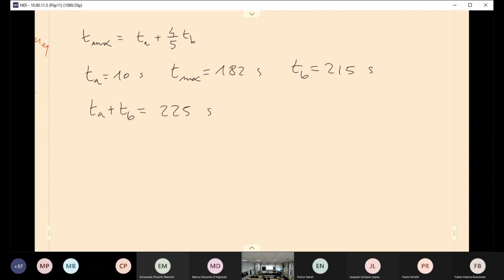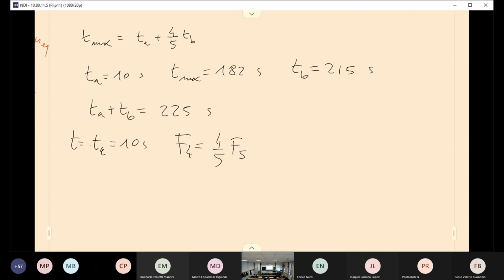So at this time, equal to Ta equal 10 seconds, we have that thrust is, of course, with 4 engines, 4 times the single engine, and so 4/5 of the thrust with 5 engines.